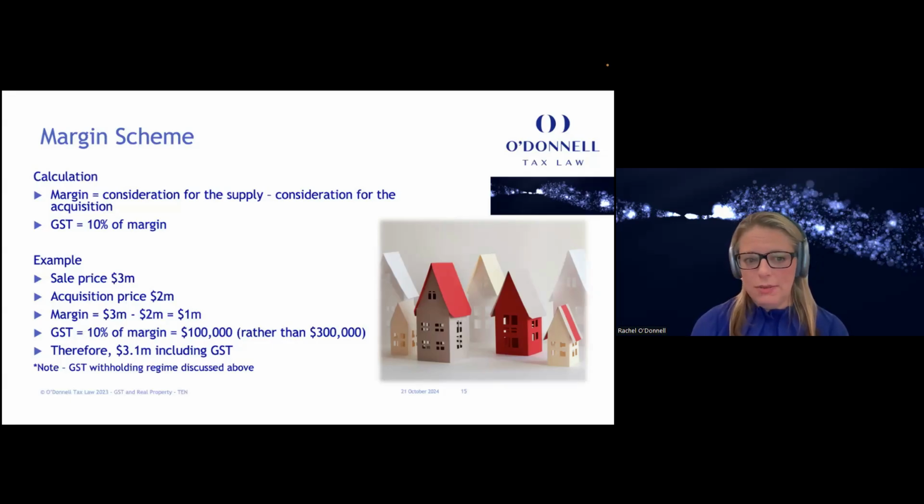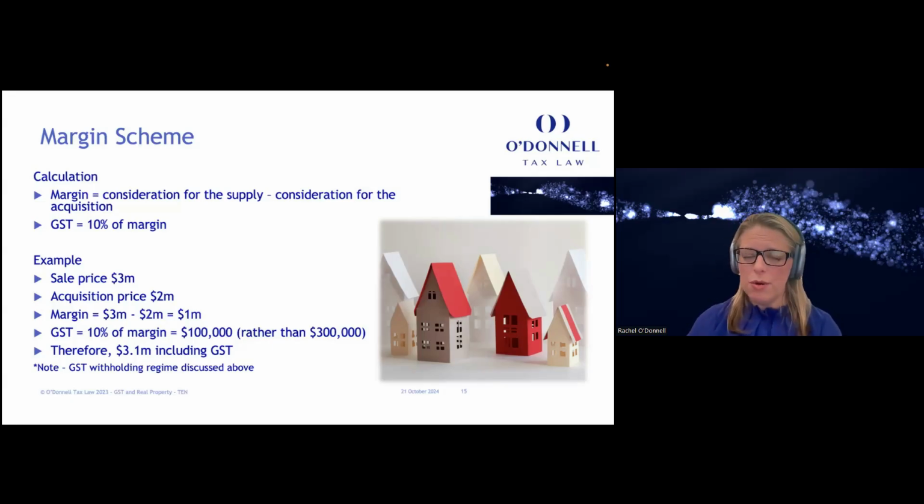As I'd mentioned, under the GST withholding regime, 7% of the contract price, so 7% of the 3.1 million, is the GST that would need to be withheld by the purchaser. That gives you 217,000.